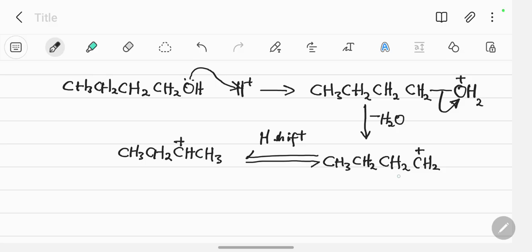We've shifted one hydrogen from this carbon atom to that carbon atom. So it's now complete 3. This one has 2. This one is now having 1. Yet it added 2.